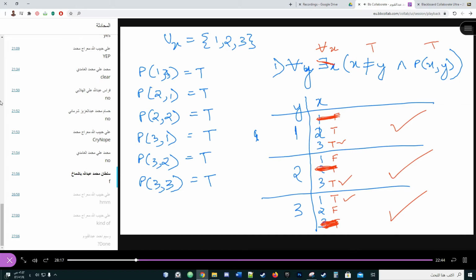If someone volunteers to do it on the board, I'll be more than happy to allow them, if you have a pencil that you can use on the whiteboard. This is the problem with Blackboard. I cannot erase only portions, I have to erase everything.